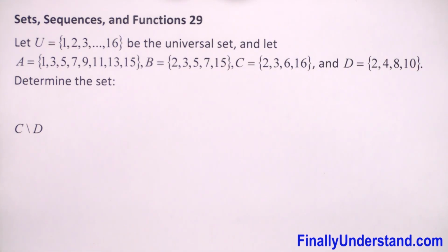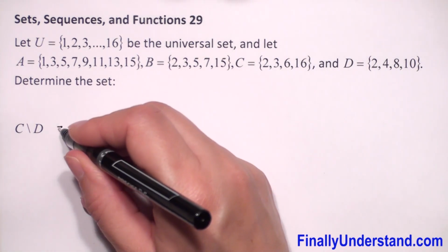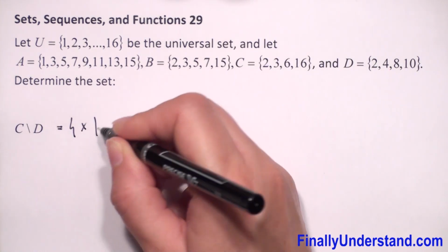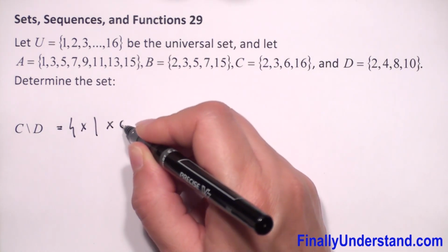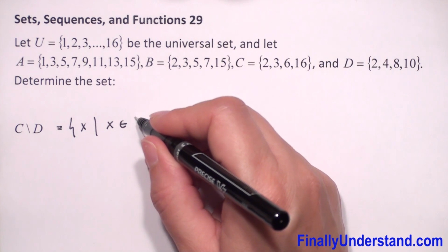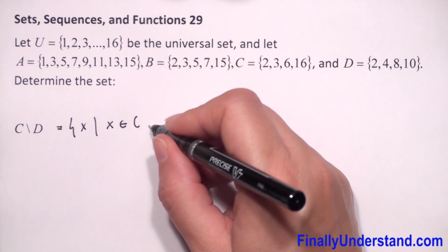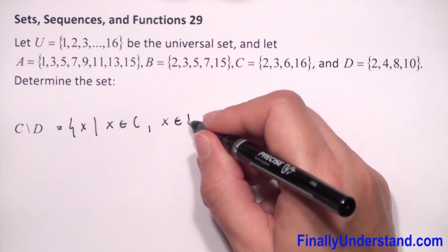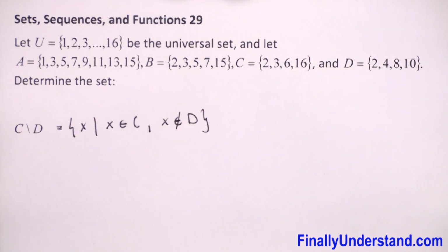Let me remind you the definition. The difference of set C and D is the set of elements which belong to C but which do not belong to D. So this is equal all x such that x belongs to C and x does not belong to D. So we have the definition.